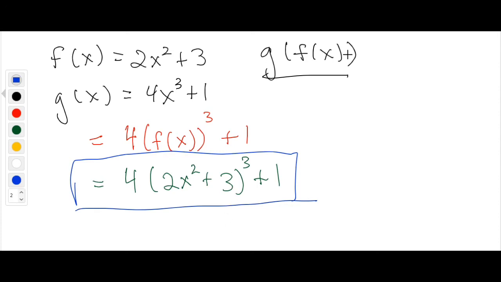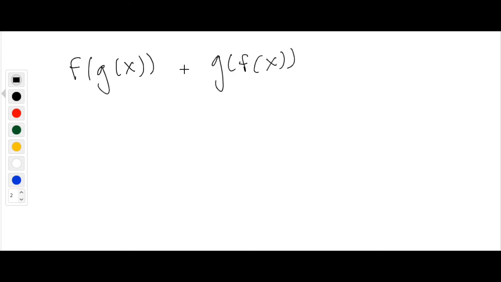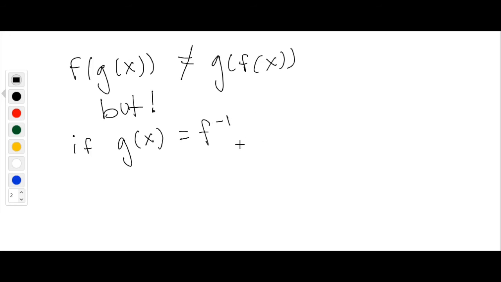So what did we learn today? Since we know that f of g of x and g of f of x are not equal, but if g of x equals the inverse of this f of x, then they are equal.